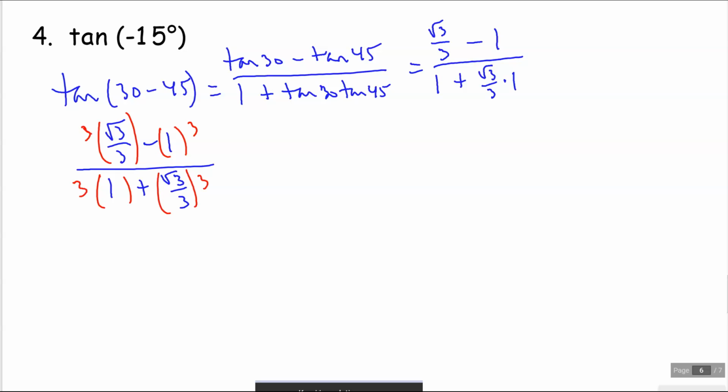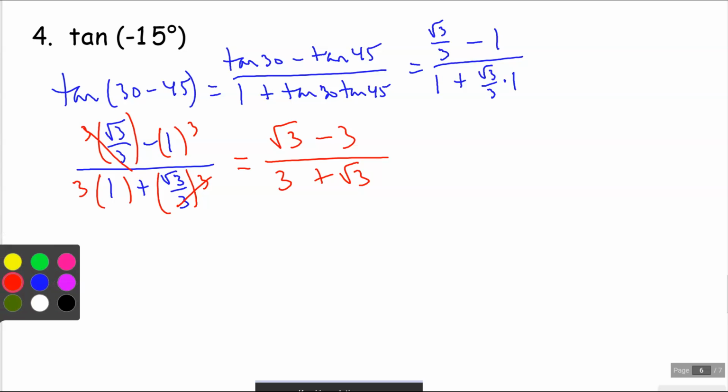What you'll see happens is those will cancel and you get root 3. 3 times 1 is 3. 3 times 1 on the bottom is 3. These will cancel, and plus root 3. So when you get a problem that has these root 3 over 3's, make sure to multiply everything by 3 to get rid of the fractions.